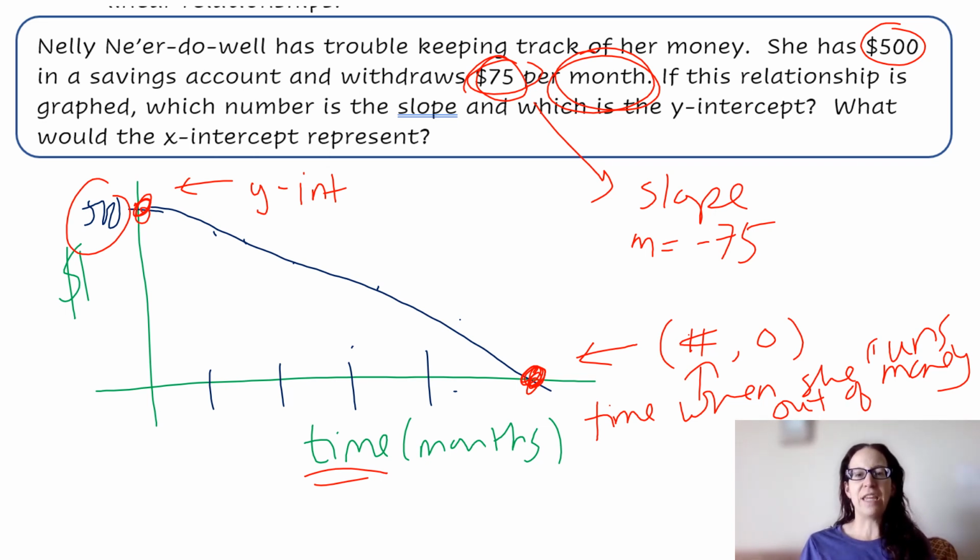And then the x-intercept, if there is one, which if she were saving money, we wouldn't have an x-intercept, would be like a time until something is 0, whatever you have on your y-axis. Okay, so there's different ways that you could see problems like this and be asked about the representation of the numbers within the context of the problem.